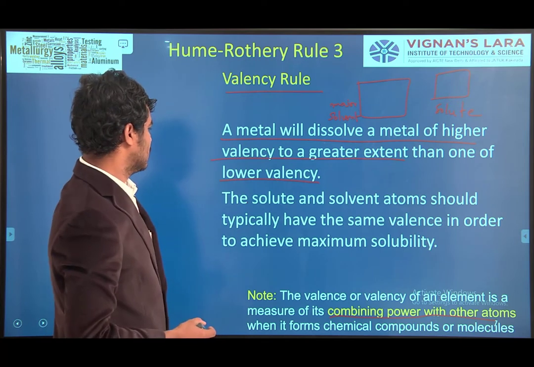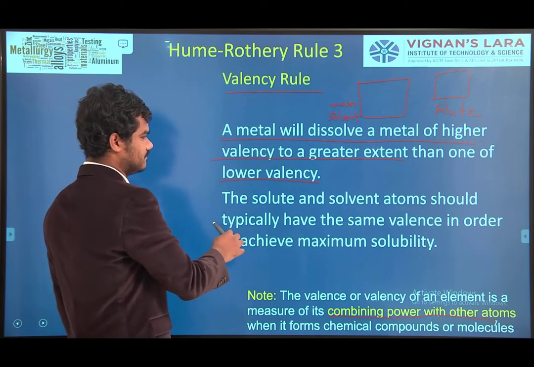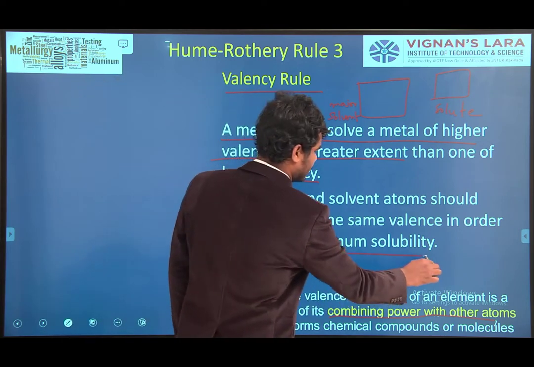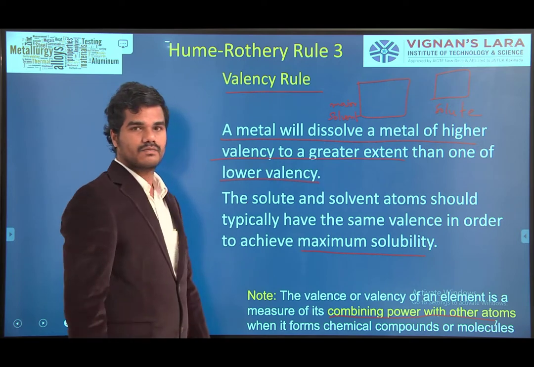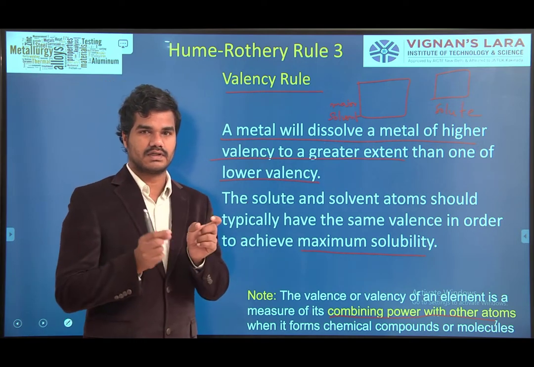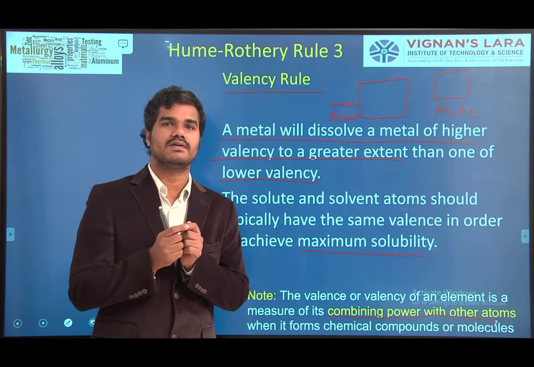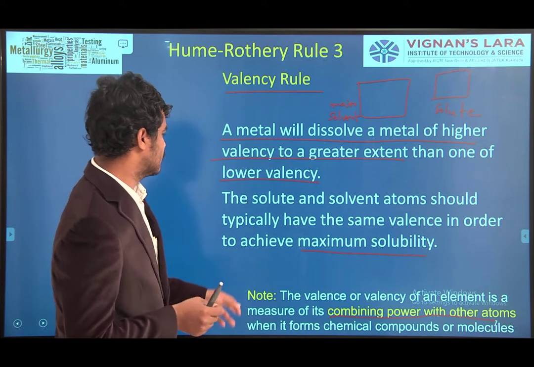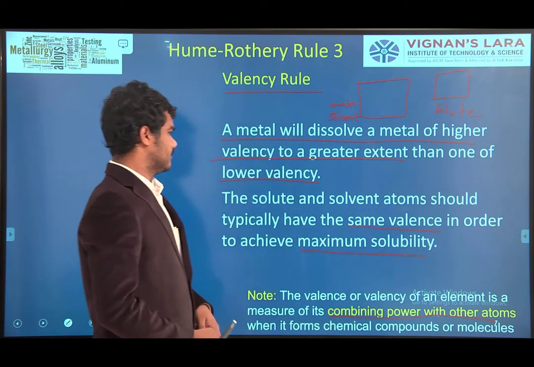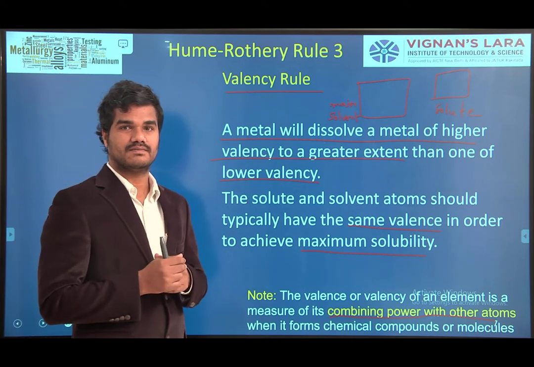The solute and solvent atoms should typically have the same valency in order to achieve maximum solubility. As per Hume-Rothery rule 3, for solvent and solute, A material and B material, how should the valency be? All atoms should typically have the same valency.